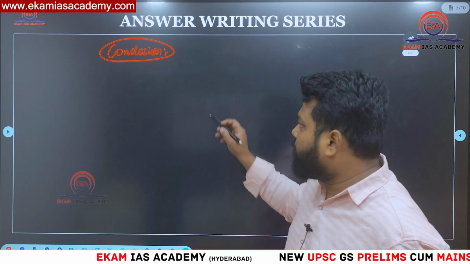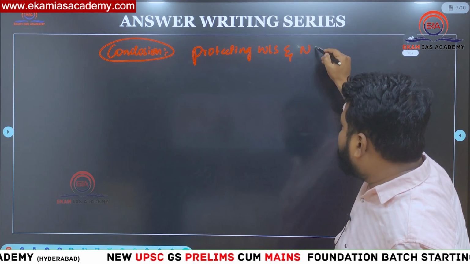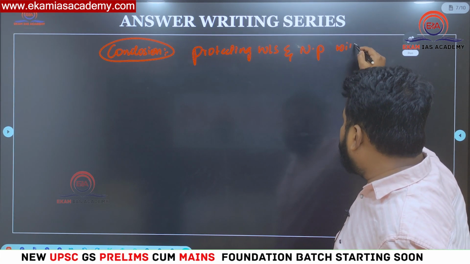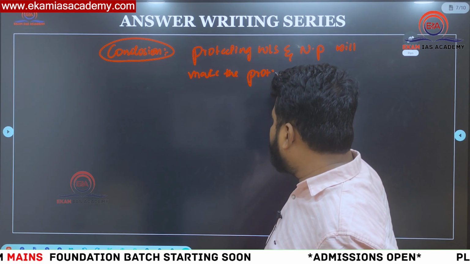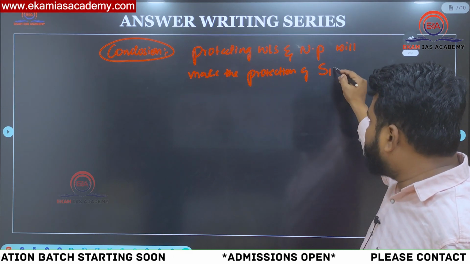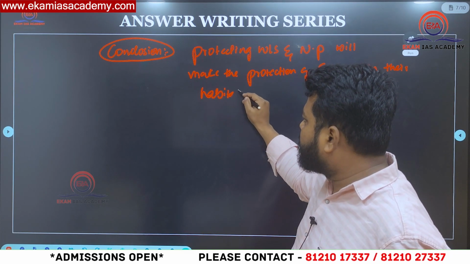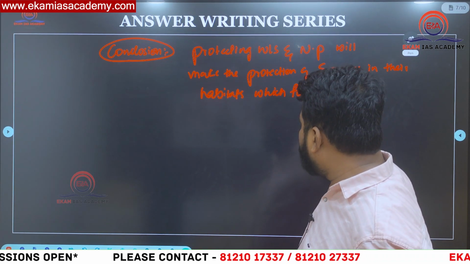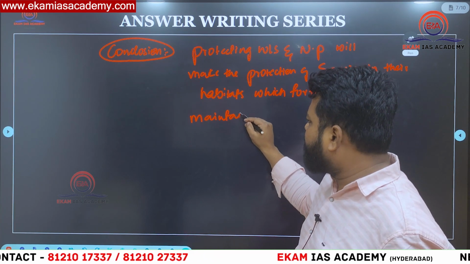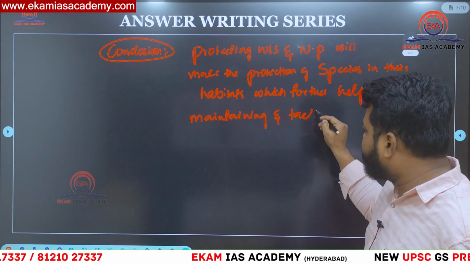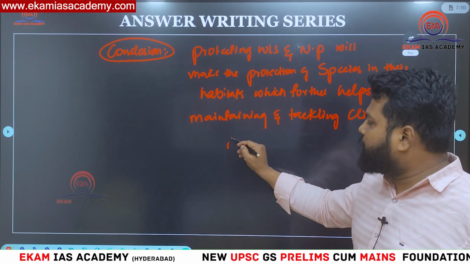And in the conclusion, we can write like: protecting wildlife sanctuaries and national parks will make the protection of species in their habitats, which further helps in maintaining and tackling climate change issues.